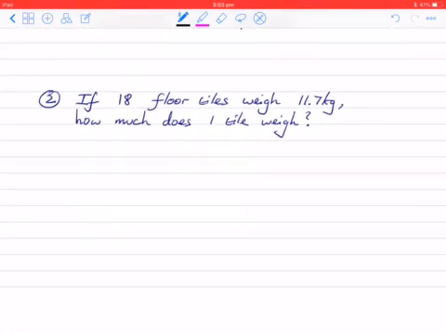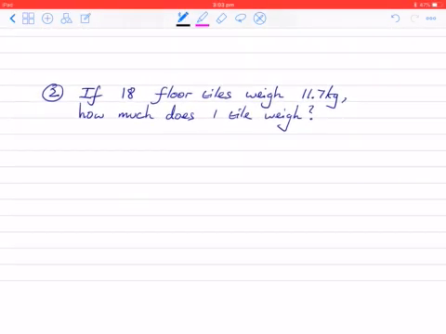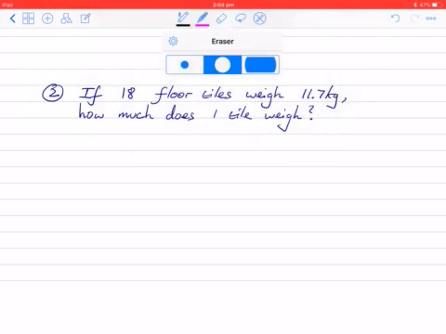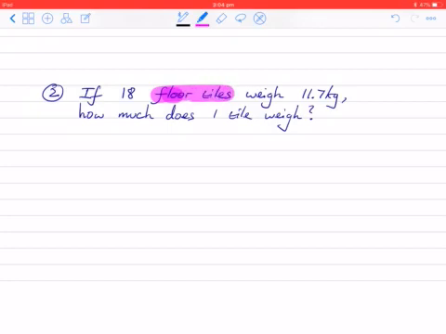Right, let's look at this next one. Again, I'm going to go straight into my table here. In the question, you can highlight things if you would like to. It says if 18 floor tiles weigh 11.7 kilograms.